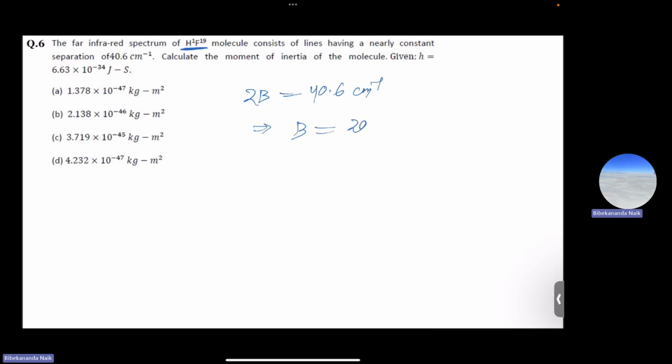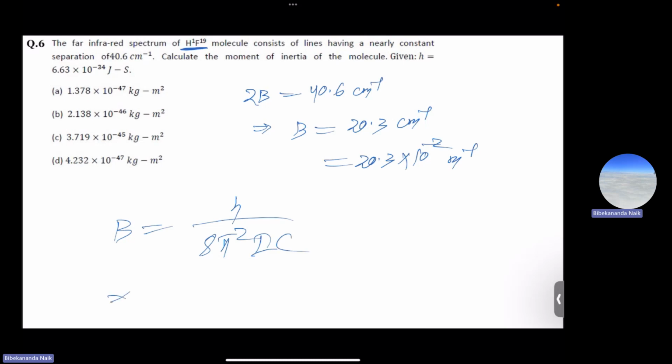B is 20.3 centimeter inverse, or 20.3 into 10 to the power 2 meter inverse. Now we know B is equal to h by 8 pi square IC. Then I will be h by 8 pi square BC.